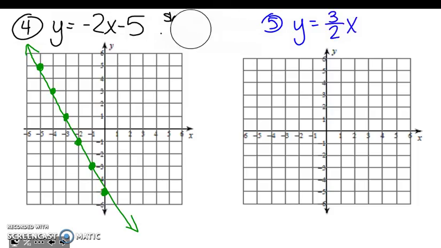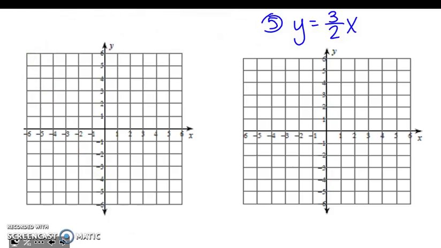So here's our fifth one. So we should write out our slope. Our slope is 3 over 2. And our y-intercept, guys, when there's not a y-intercept, then that's exactly what it is. Our y-intercept is 0.